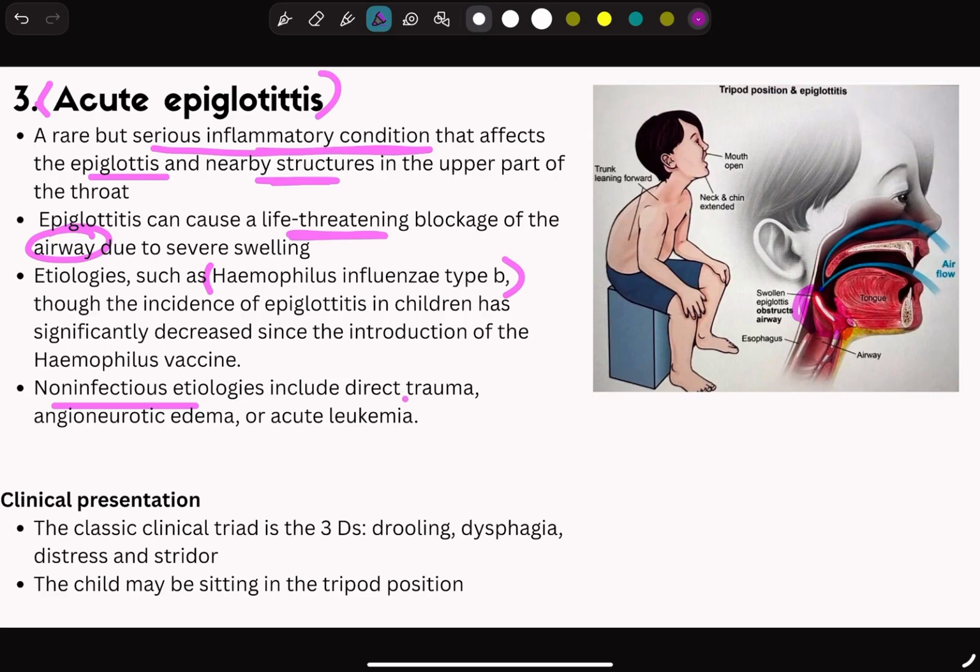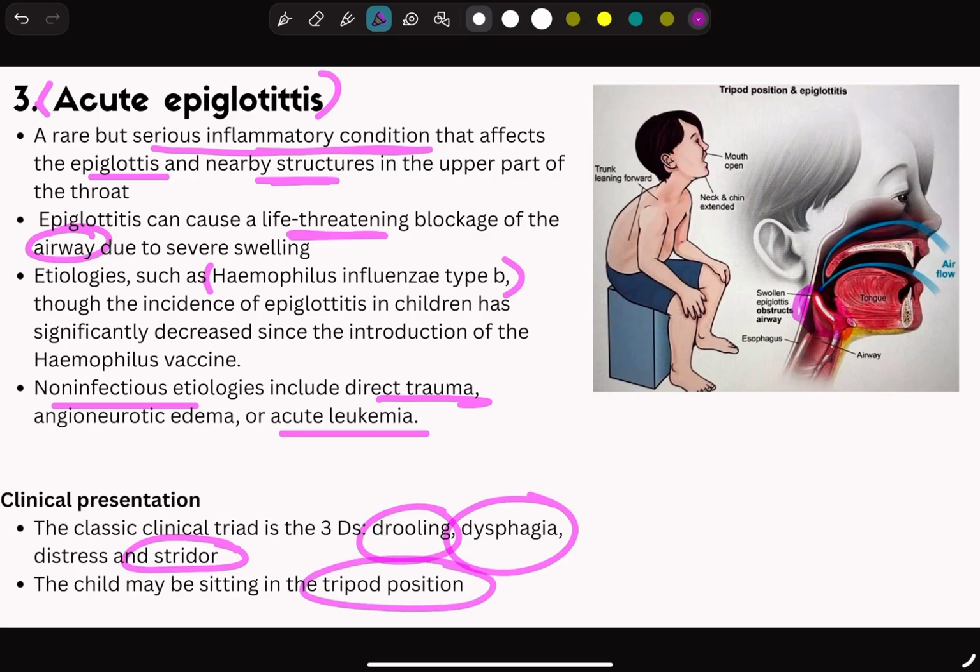Non-infectious causes like trauma to the epiglottis, like burn, acute leukemia, might be causes for epiglottitis. So patient will present with drooling, they cannot swallow their saliva, dysphagia, stridor, there will be respiratory distress, and then they will have this classic tripod position where they sit and their mouth is open, their neck is extended, and they are leaning forward, gasping for air.